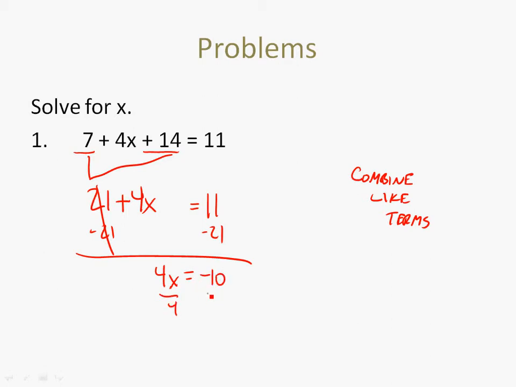Divide by 4, divide by 4. Reduce your fraction. x equals negative 5 halves. So again, the key is ignore the other side of the equation. Only work one side of an equation at a time till you get it completely simplified. And then once you have it simplified, just finish the equation. You'll get a much simpler one to solve.